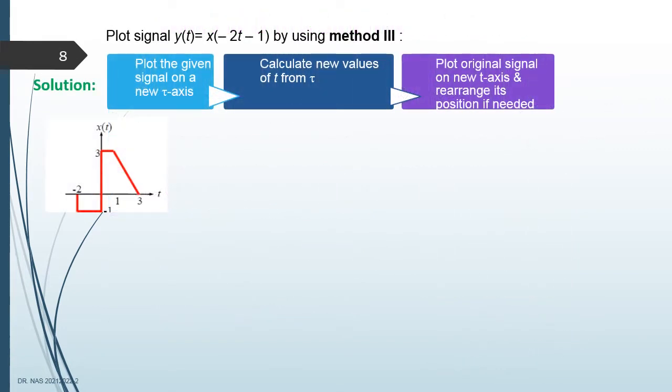When you have the given equation, you can determine what tau is from whatever equation is inside the bracket. In this case, tau equals negative 2t minus 1. Then from here, you need to determine what t is. So in this case, t equals tau plus 1 divided by minus 2. Let's follow the given steps.